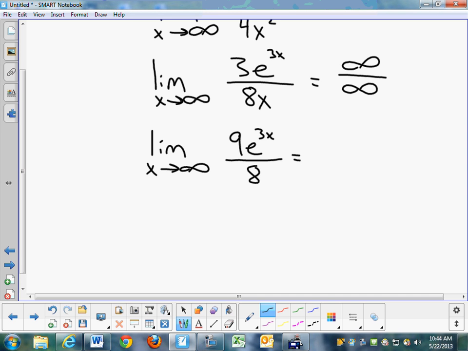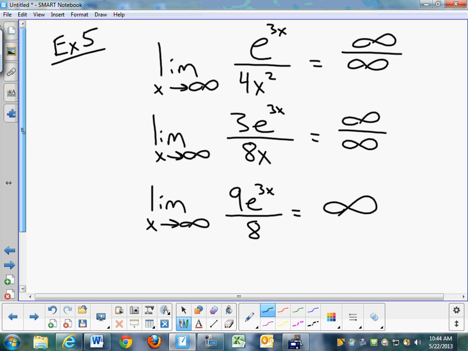So you get an extremely large number over a small number. This is going to be infinity. It doesn't matter if you get infinity over 10, infinity over 20. It's still going to go to infinity.